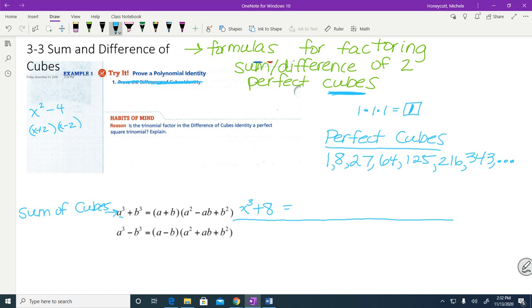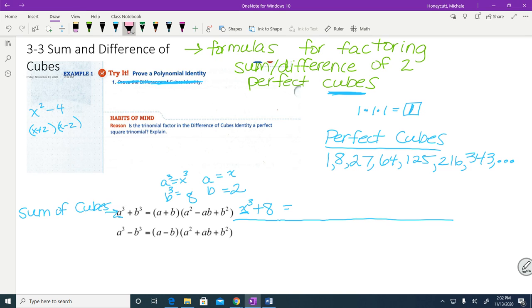If a cubed is x cubed in my problem, then my a would be x. And if b cubed in this scenario is 8, then b would be the cube root of 8, which is just 2. So now that I know what a cubed, b cubed, a, and b are, I can just fill in all the blanks.